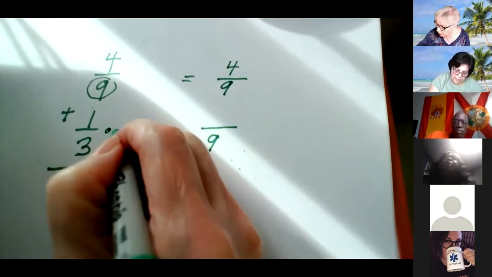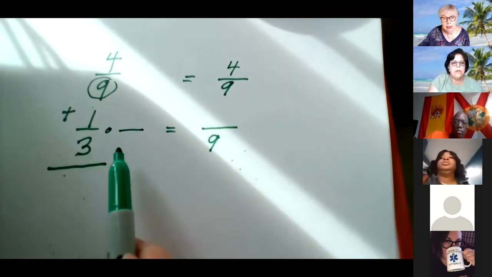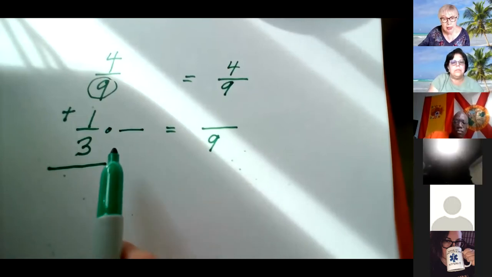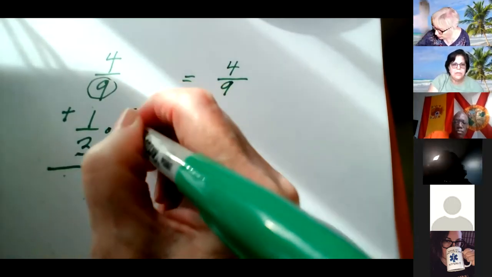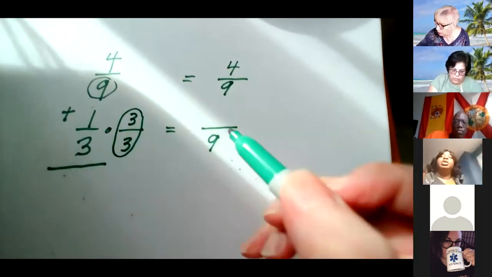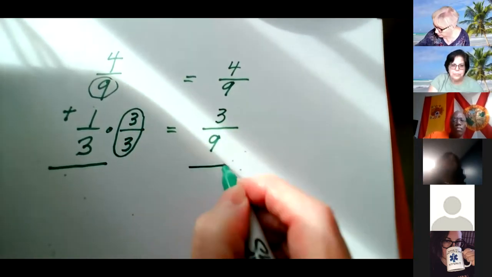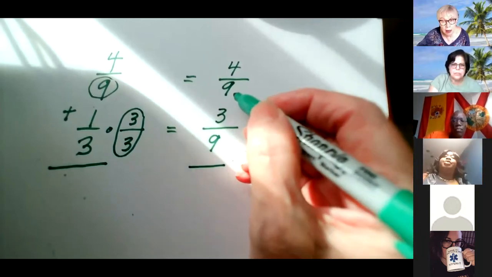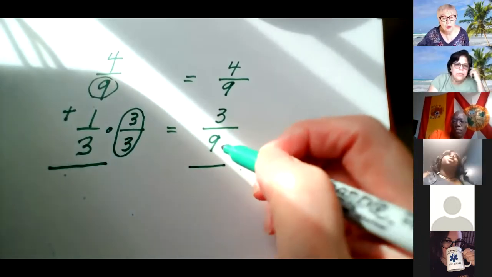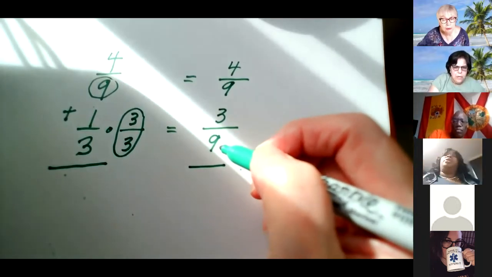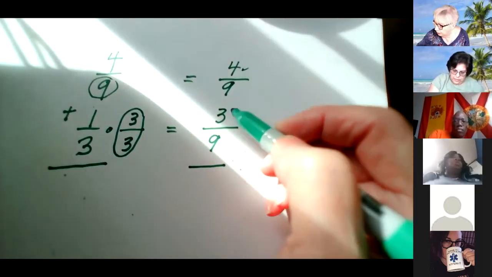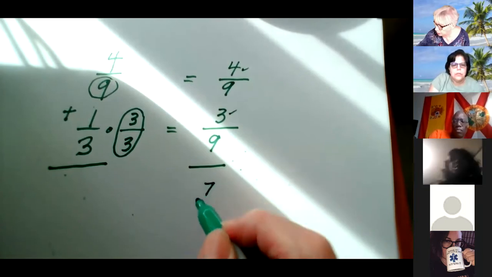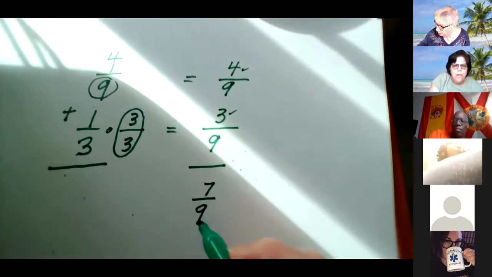And this one here, I need to convert it to ninths. And so it's multiplied by 3, and I'm going to have 3 over 3. 1 times 3 is 3. Now I have common denominators. So I'm adding like things. And so I add the numerator, which is 7, and copy the denominator.